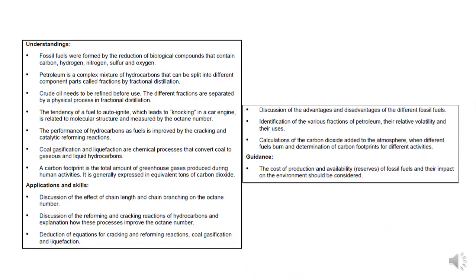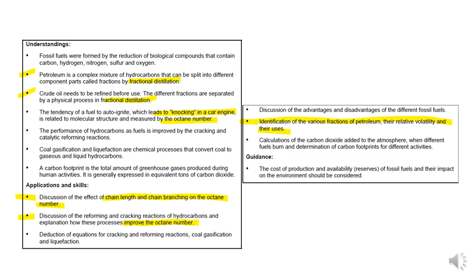So, overall, what we've talked about: fractional distillation, that's petroleum and crude oil. We've talked about the various fractions of petroleum. We've then talked about knocking and octane number. We've talked about how branching affects the octane number, and we've talked about how we improve the octane number.